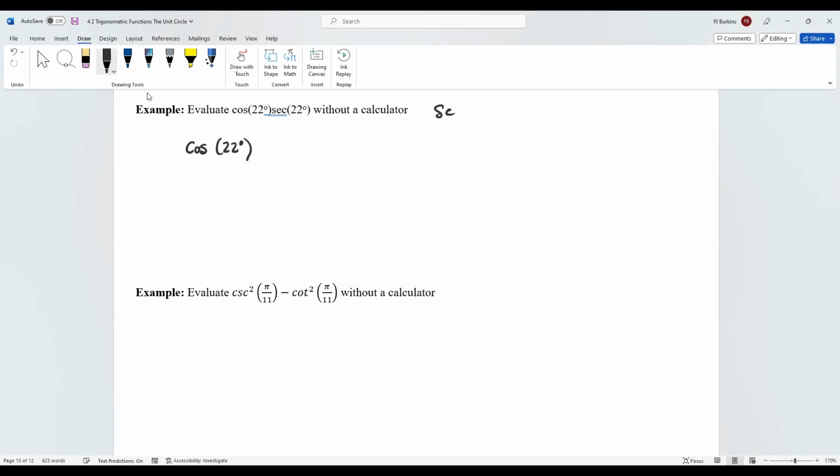The secant of an angle is equal to 1 over the cosine of that angle. So I can just multiply, instead of by secant, I can multiply by 1 over the cosine. And because they're the same angle, I end up with just cosine of an angle, specifically 22 degrees, over itself, which is just 1.